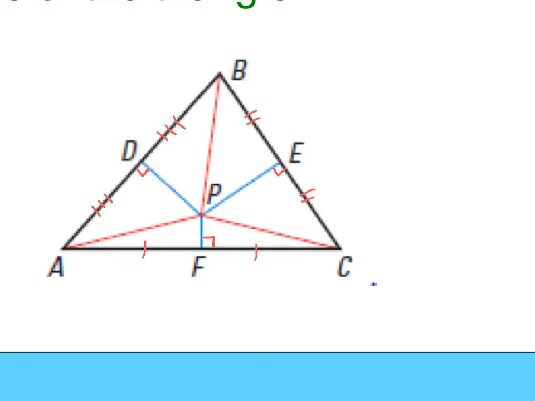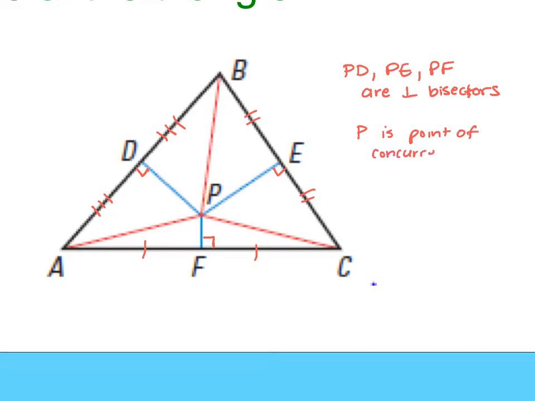The blue segments are my perpendicular bisectors. So PD, PE, and PF are the perpendicular bisectors. They all meet at one point, right? What's the point of concurrency? P is the point of concurrency. And from that point to each vertex, which is now the red lines, are congruent.